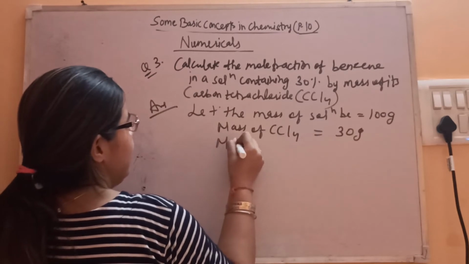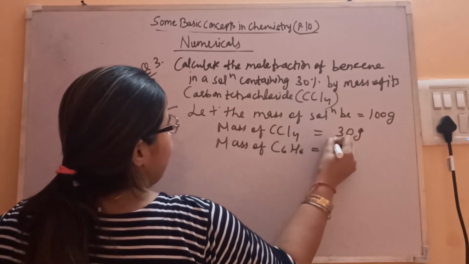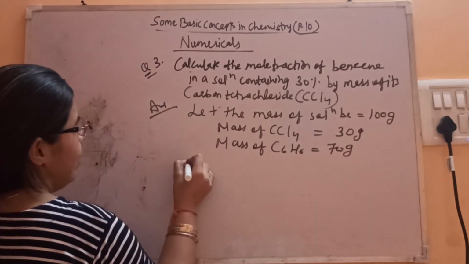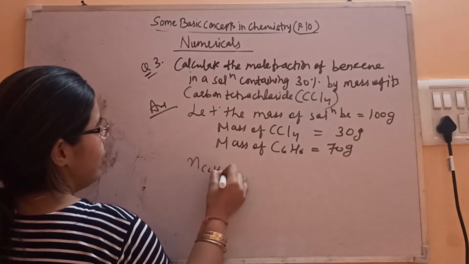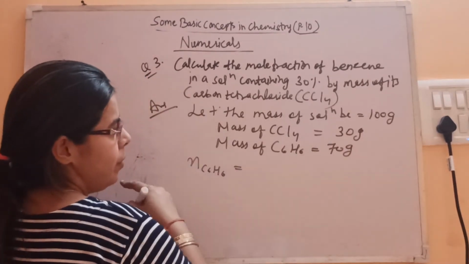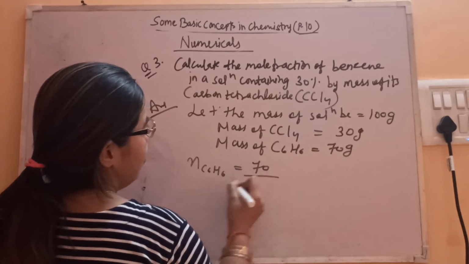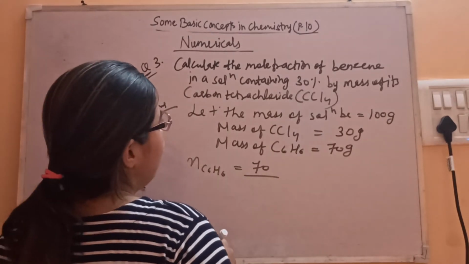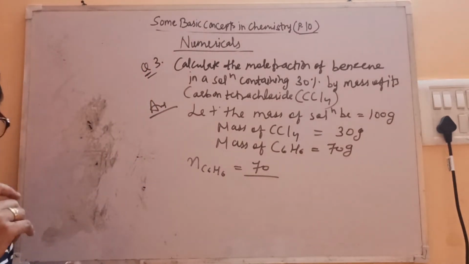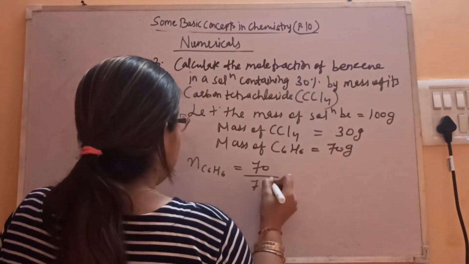So mass of benzene, component 2, it's 70 gram. Now calculate the number of moles for benzene, because mole fraction is what? Ratio of the number of moles of that component divided by total number of moles of all the components present in the solution. So calculate the molar mass of benzene. When you will calculate, it comes out to be 78.